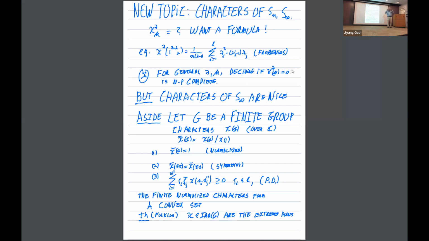They have a very careful study of the asymptotic complexity that they're interested in for characters. And basically, you can't do it in general. That's the takeaway. So that's what we're interested in. And so here's an aside.